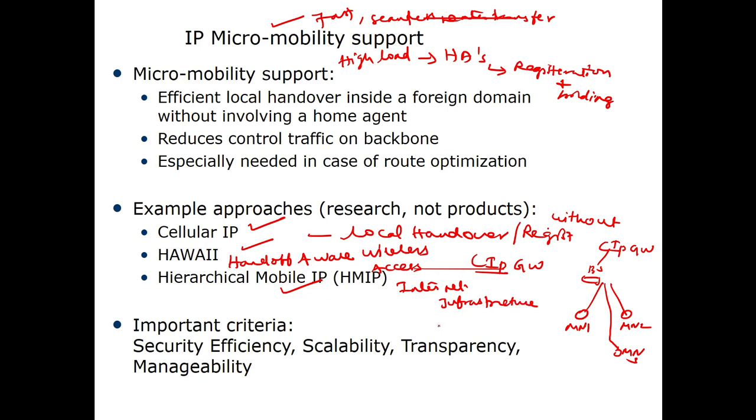This is another micro mobility model, possible for both home agents as well as mobile nodes. It follows the same process as cellular IP, but it is an advanced version that uses a Dynamic Host Configuration Protocol server. So what is the advantage of Hawaii over cellular IP?